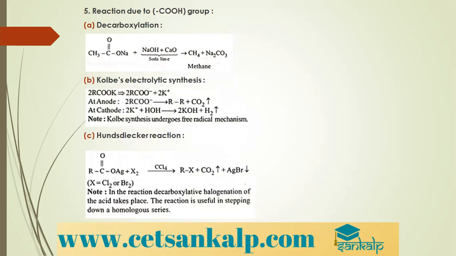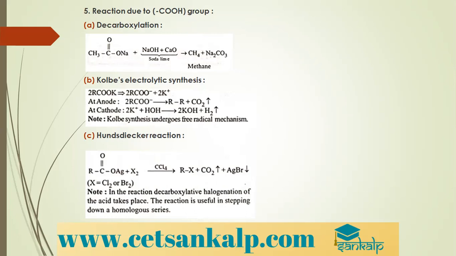Next is the reaction due to the COOH group. The reaction is called the decarboxylation reaction. You can directly take a carboxylic acid, or let us take a salt of carboxylic acid, that is sodium acetate. When it is treated with soda lime, a mixture of NaOH and CaO, that is sodium hydroxide and calcium oxide, decarboxylation occurs.